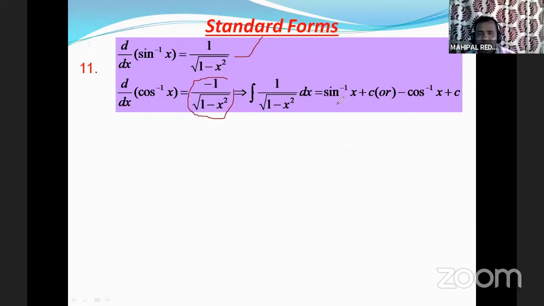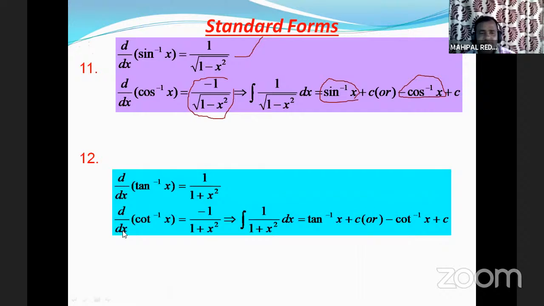Just for our convenience, we can write the value as either sine inverse of x or minus cos inverse of x. So when the question is integration of 1 by under root of 1 minus x square, it equals sine inverse of x or minus cos inverse of x.